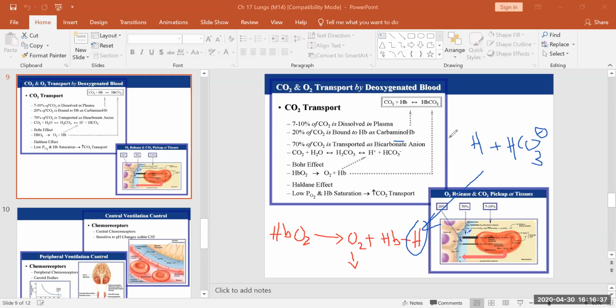So all of this is because CO2 from the cells comes into the red blood cell, interacting with water. Okay? And it gives H2CO3, carbonic acid, leading to the proton being released. And that proton will come and interact with hemoglobin, which leaves this here.